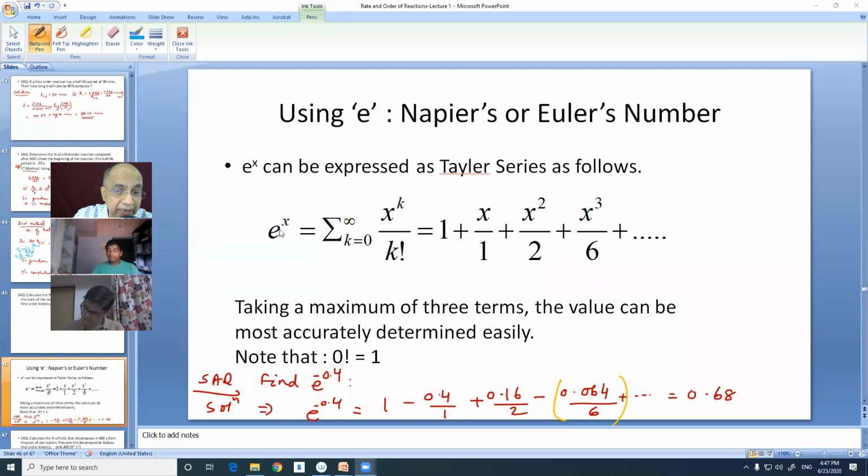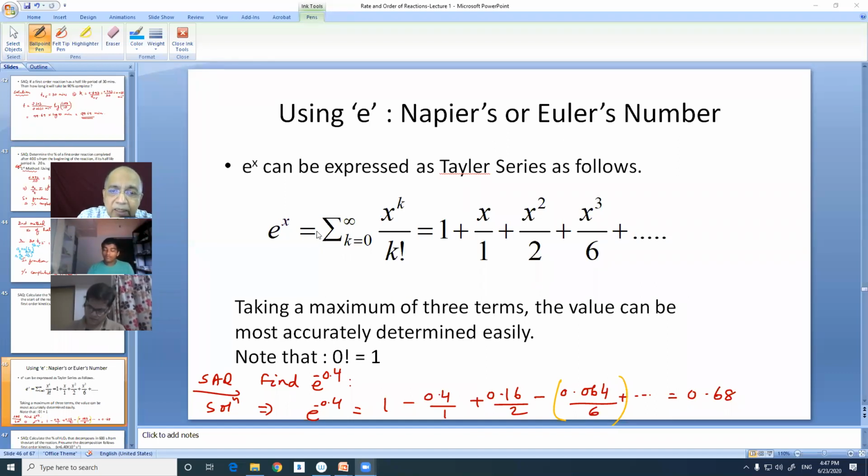So x is the exponent. If k is 0, then x to the power 0 is 1, and 0 factorial is also 1. If you do not know that 0 factorial is 1, better ask your maths teacher. So the first term will always be 1.